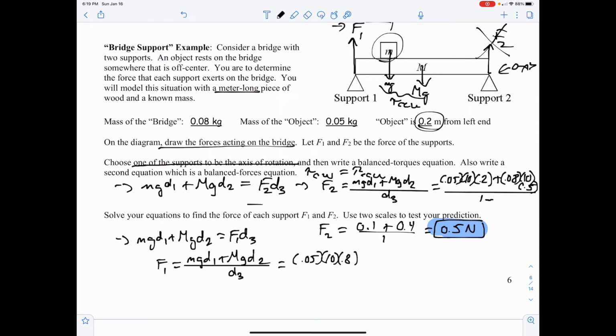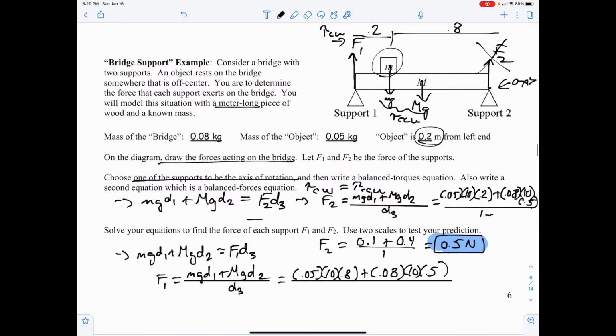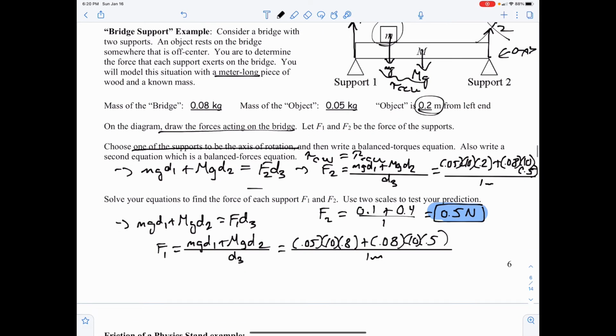So 0.8, plus 0.08 is the mass of the bridge, times g times 0.5, being that the center of mass is at the halfway point, all divided by the fact that support 1 is 1 full meter away, d3 is 1 full meter away. 0.05 times 10 times 0.8 would be 0.4, plus 0.08 times 10 times 0.5 was also 0.4, over 1 meter.